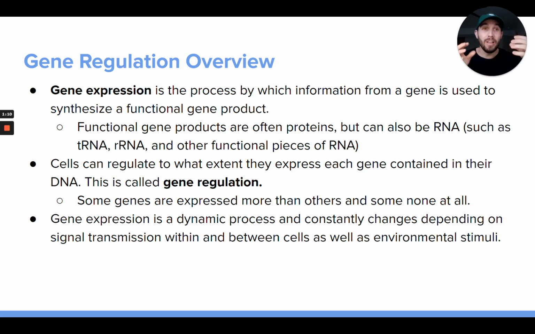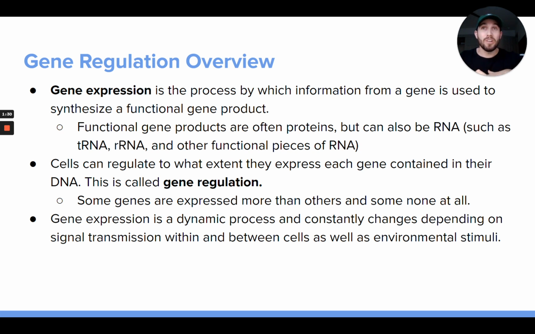So in a cell, not all of the genes in your DNA are being expressed all the time in every cell. That's not what's happening. That would be a huge waste of energy and resources, because depending on the cell and depending on what it needs to do, there are certain genes that it needs at any given moment and a lot of genes that it doesn't need at any given moment.